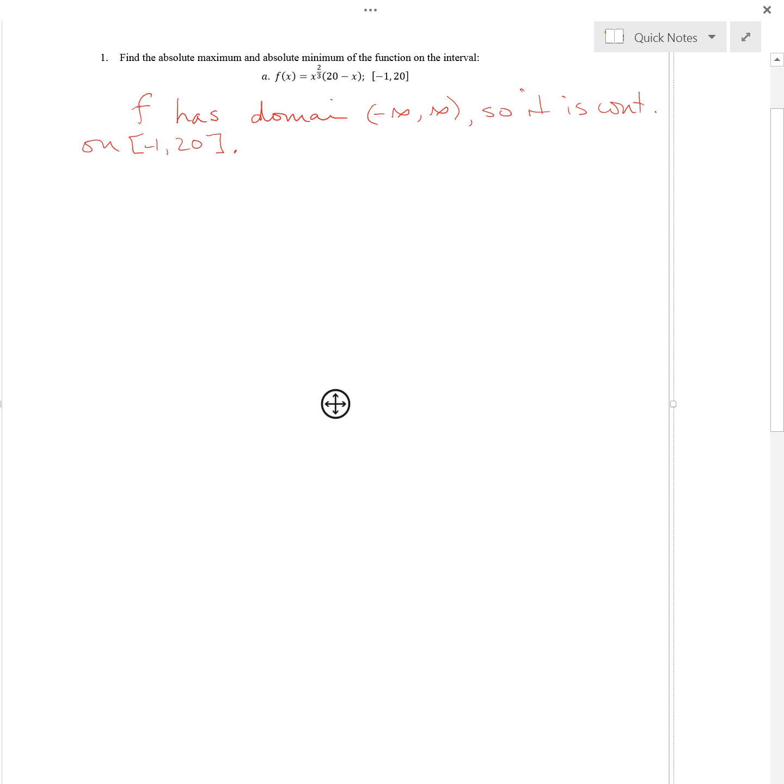So before I do that, I'm going to rewrite f by multiplying that x to the 2/3 through and make that 20x to the 2/3 minus x to the 5/3, because I'm going to add my exponent, 2/3 plus 1 gives me that 5/3. So now the derivative, f prime, would be 40/3 x to the -1/3 minus 5/3 x to the 2/3.